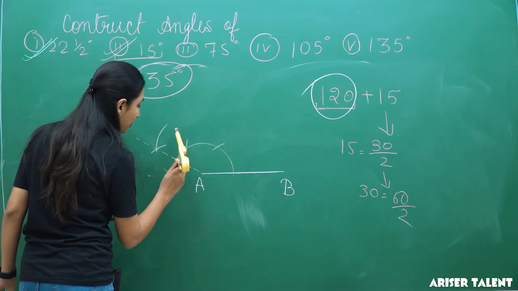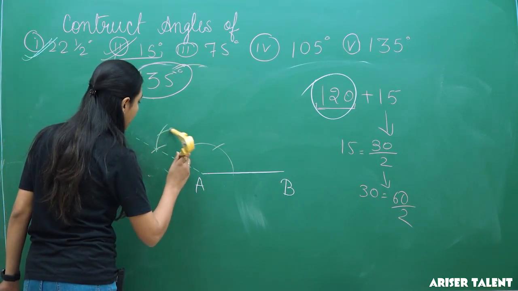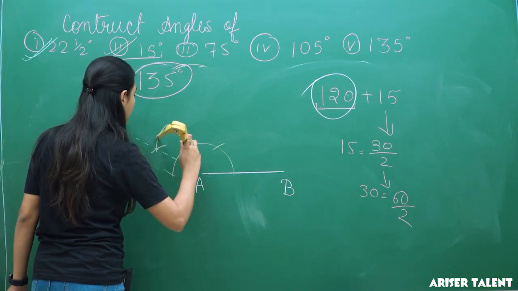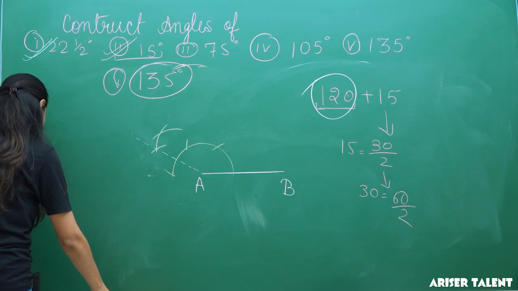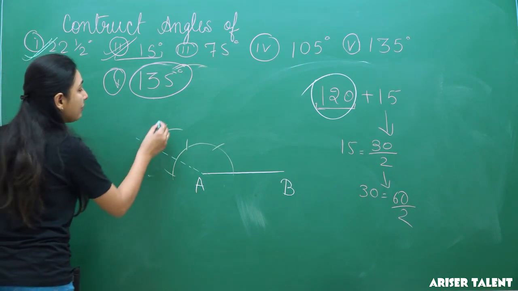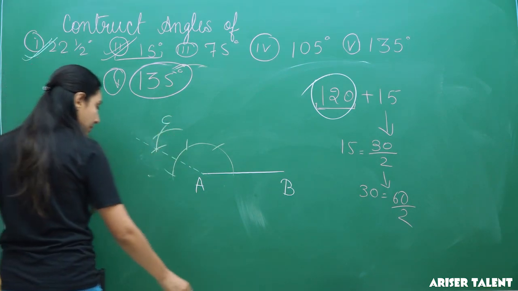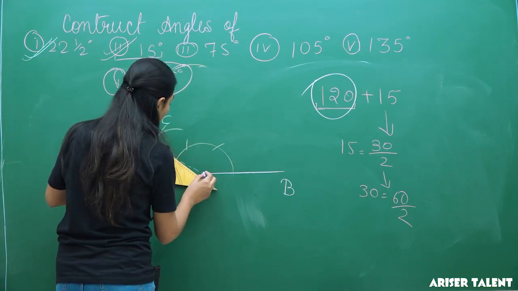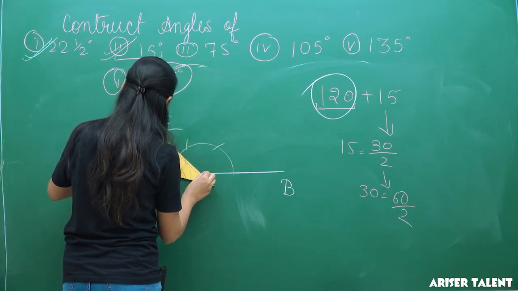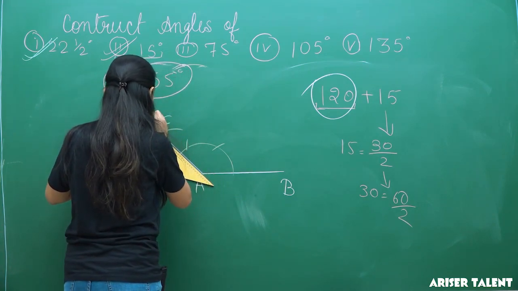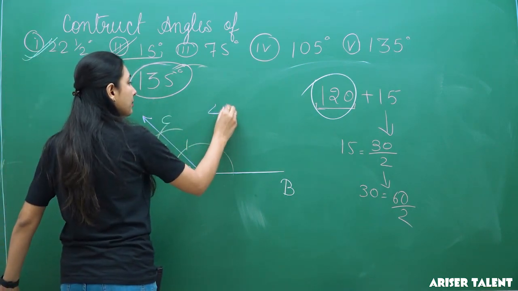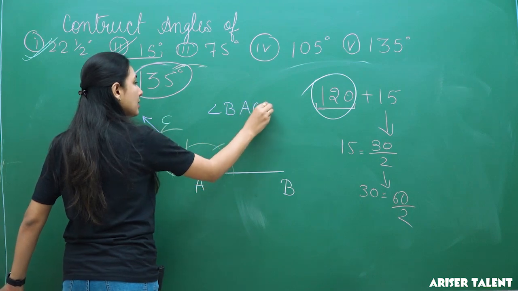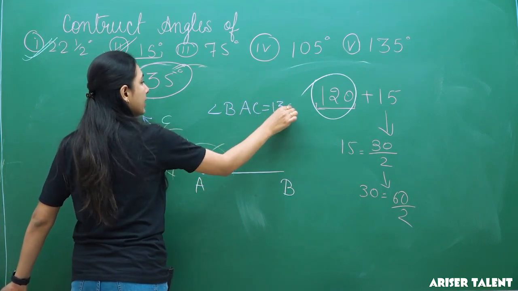Now from this point we cut an arc here, and from this point we cut an arc here. Here we get this intersection, and we name it point C, and we join A to C. Now this angle BAC is equal to what? 135 degree.